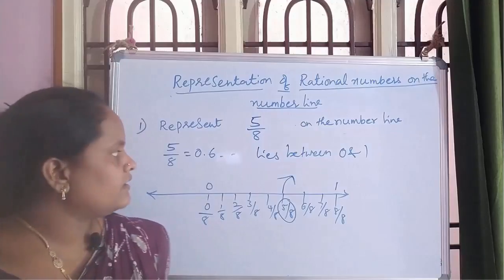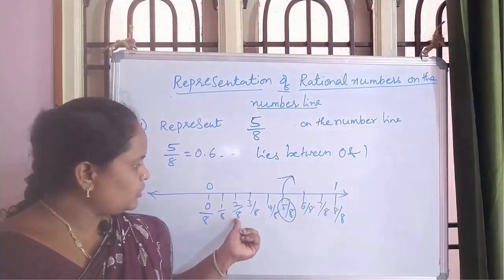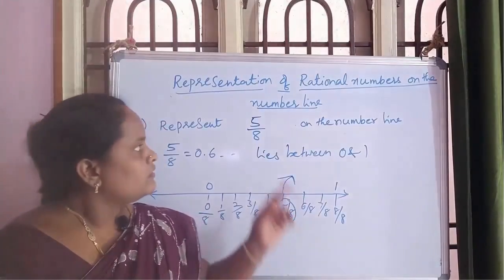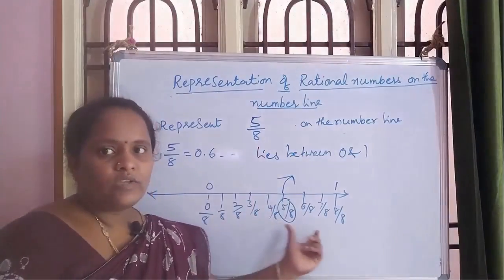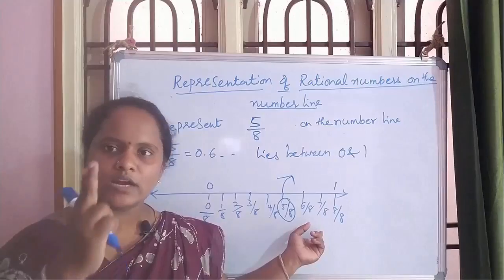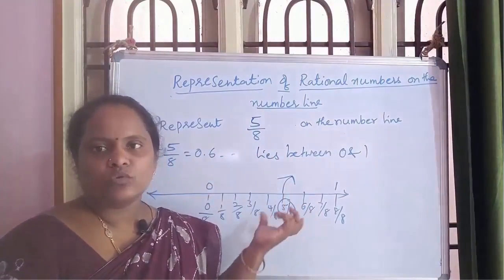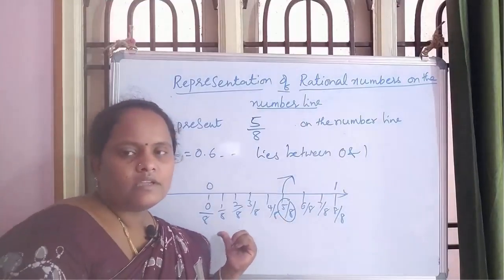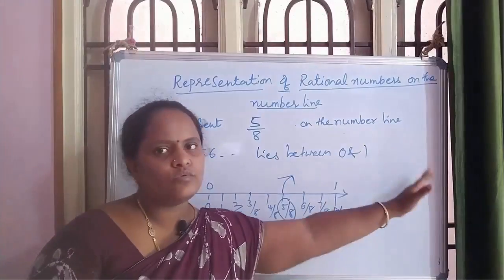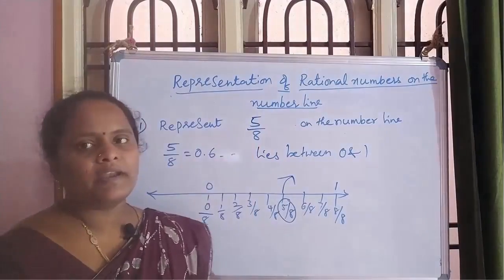So children, in between 0 and 1, how many rational numbers are there? 1, 2, 3, 4, 5, 6, 7. With the denominator 8, we got 7 rational numbers. In the previous question, with the denominator 3, we got 2 rational numbers. Whatever denominator is there, one less than that many rational numbers exist between any two integers, not only 0 and 1, even between 1 and 2 the same holds.